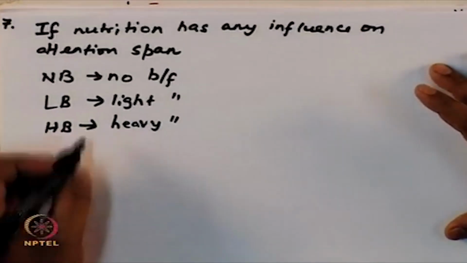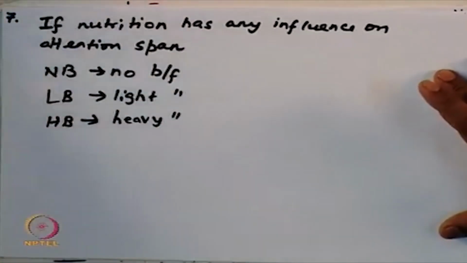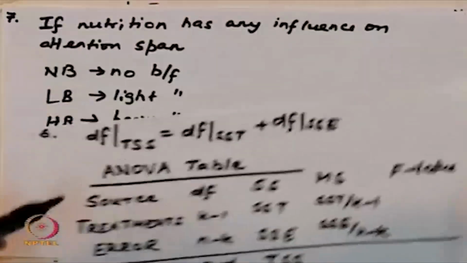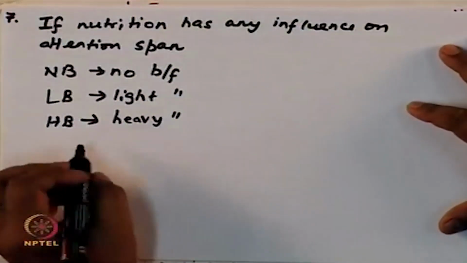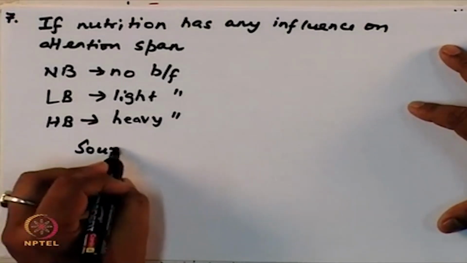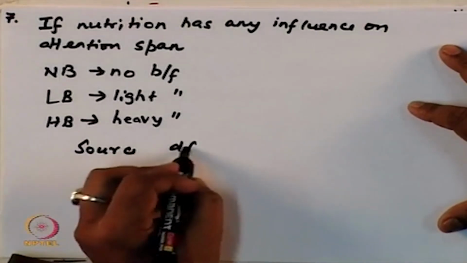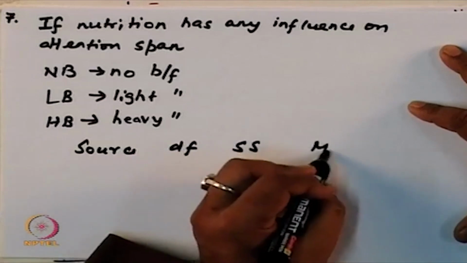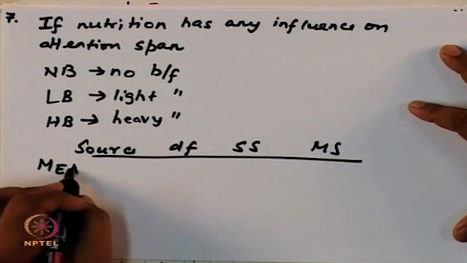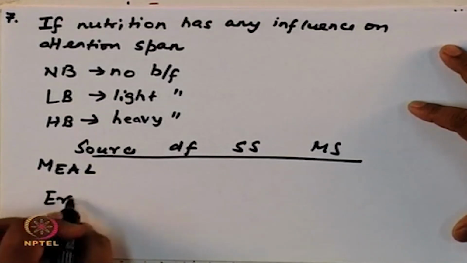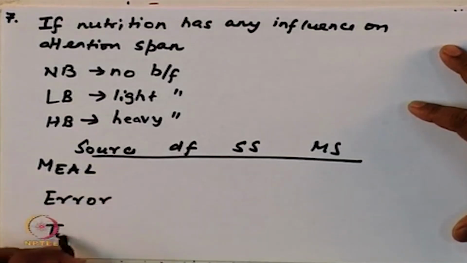Okay. So, you can accordingly calculate. So, in this case our treatment, for this problem, is nothing but having the meal, or you can write it as meal. Okay. So, I will just jot down the final values that we had obtained. Okay. Meal is your treatment, error and total.